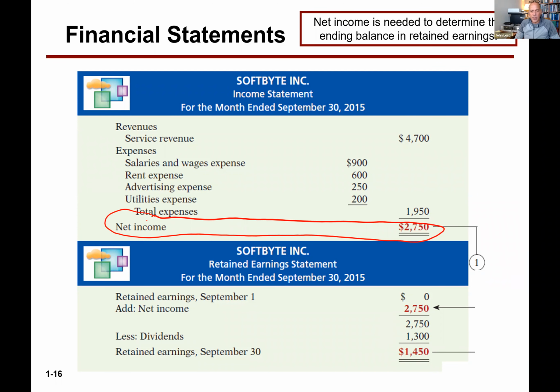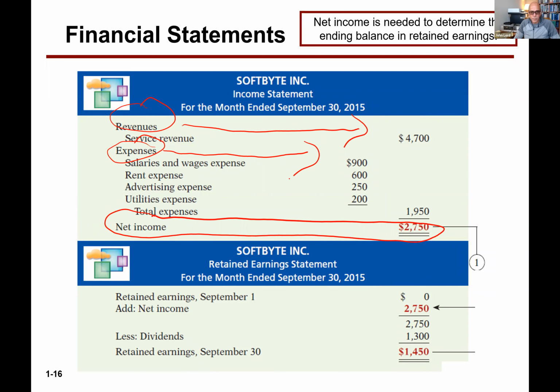Net income is revenue minus expenses. It's the difference between your revenue and your expenses. Because we report net income on the income statement, we report revenue and we report expenses. Revenue minus expenses equals net income.